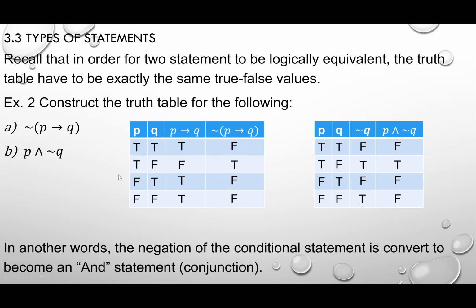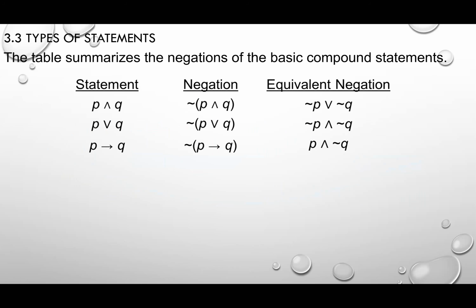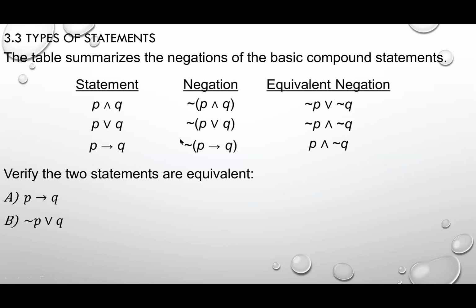I think I have one more, I forgot. So this is what we mentioned last time. These two items here, if you want to negate them, a reminder: to negate the and statement, you have to change it to become an or statement and negate each of them.